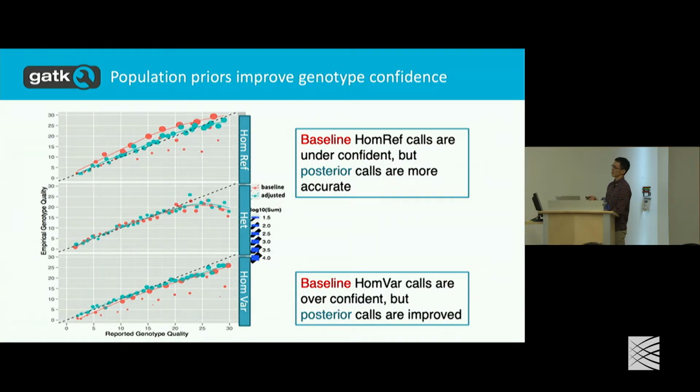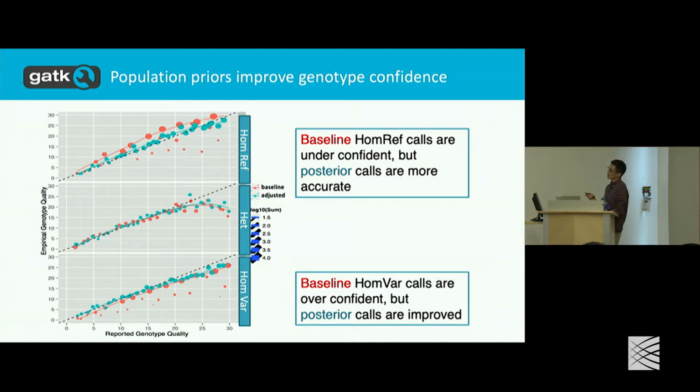On the y-axis, we have the empirical genotype quality, which we calculate using the truth set and looking at all of the variants that had genotype quality of 10. A genotype quality of 10 means 1 in 10 variants will be an error. You can look at all the variants that we gave a quality of 10 and count how many are actually wrong if you have the truth data. And that's what's plotted here.